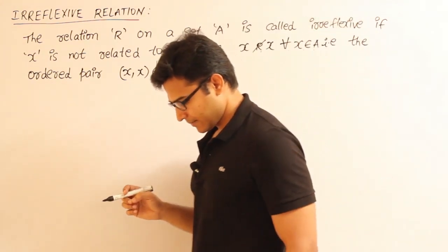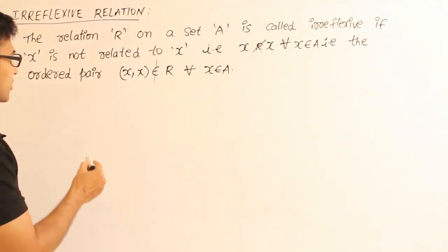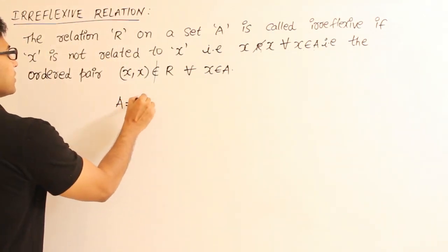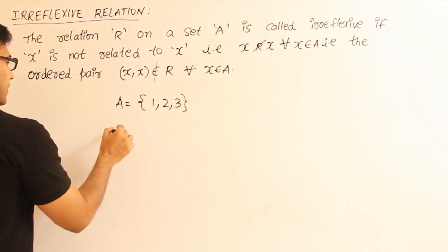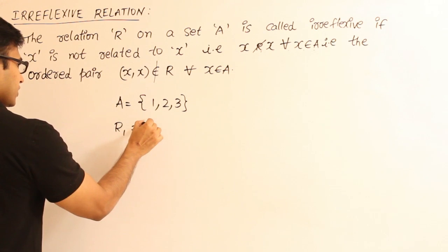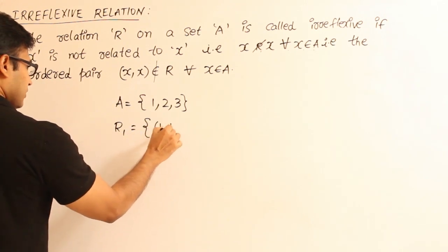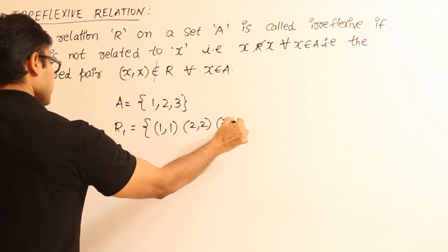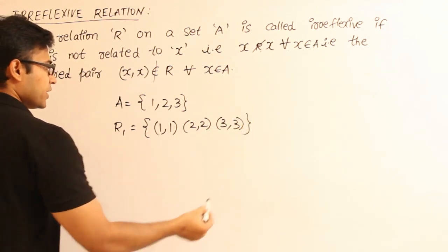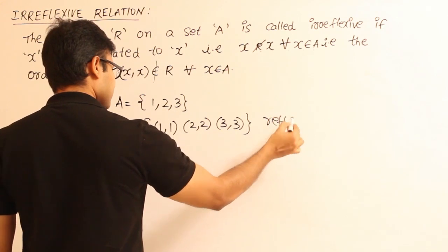Let's take an example, that way it will be easy. Let us say A equals {1, 2, 3}. Now if I say R1 equals {(1,1), (2,2), (3,3)}, then we know that this is reflexive.